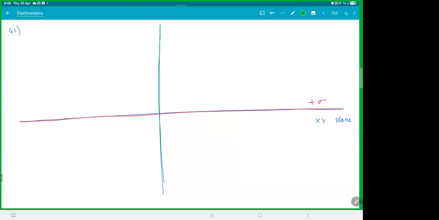This entire plane's charge is minus 2 sigma. This is a YZ plane. So two infinite sheets along XY and YZ as shown. Draw the equipotential surfaces.